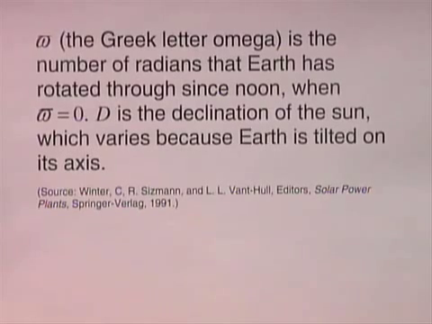Omega, the Greek letter omega, is the number of radians that Earth has rotated through since noon, when omega equals 0. D is the declination of the sun, which varies because Earth is tilted on its axis. Now we'll work an application using this formula.